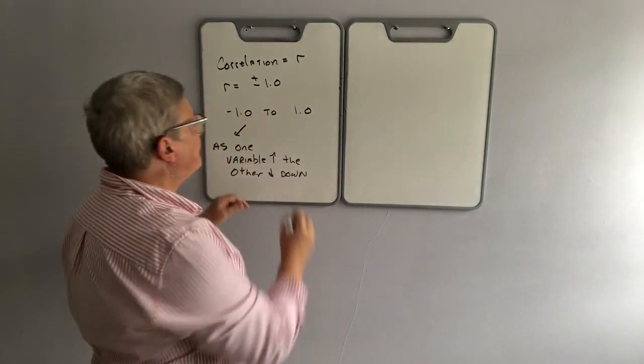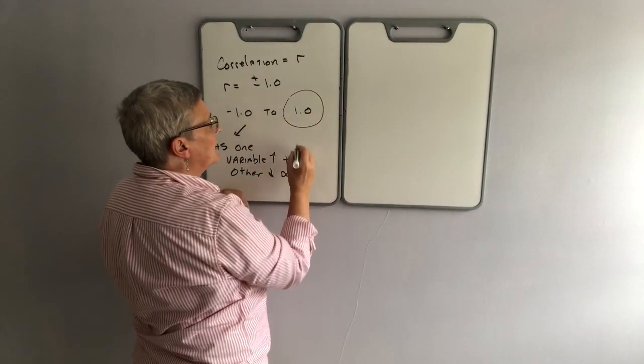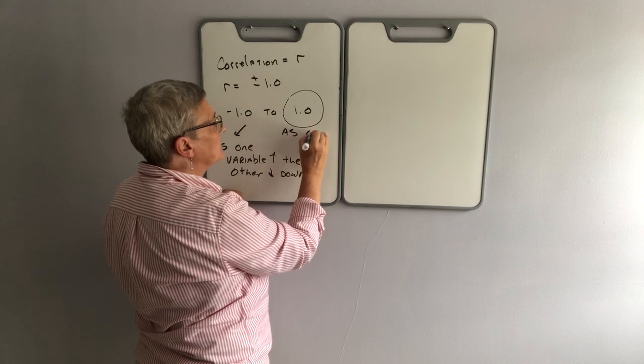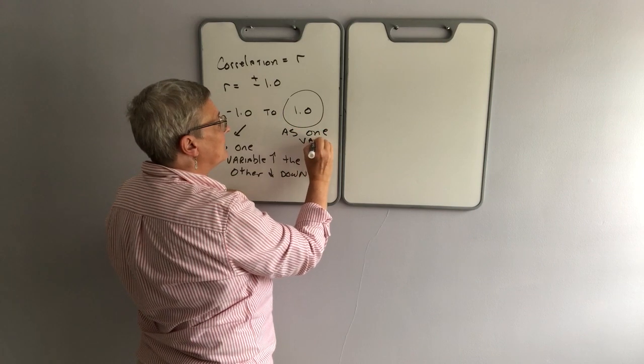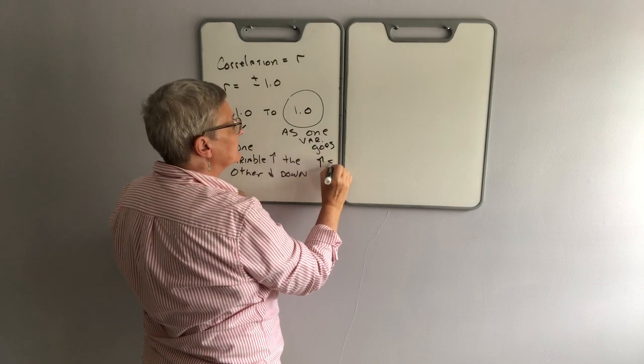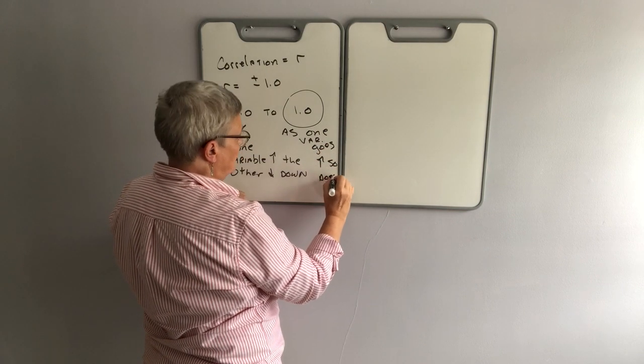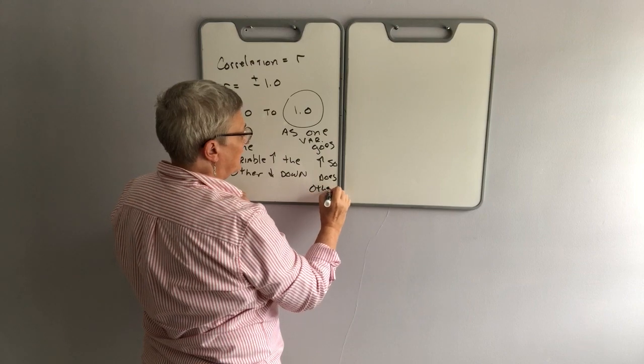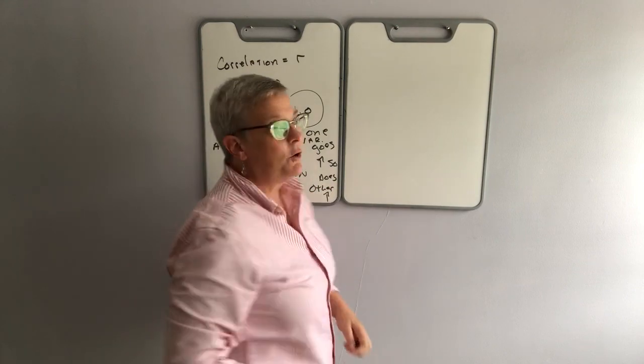On the other hand, with a positive correlation, as one variable goes up, so does the other. I've got to plan better, okay? So both go up.